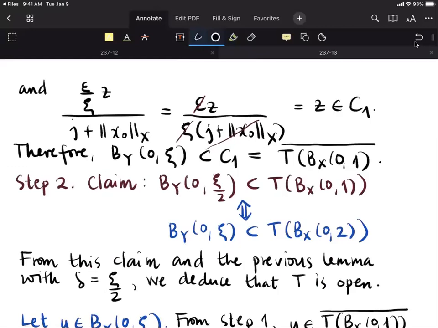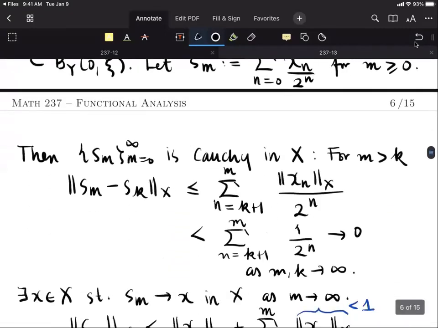And yes, according to this claim and the previous lemma with delta equal to this psi over 2, we deduce the openness of T. So that's the proof of surjectivity implying openness.